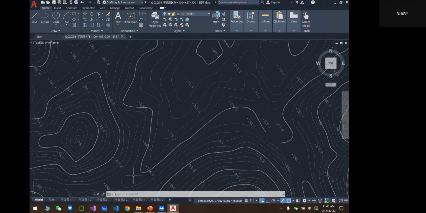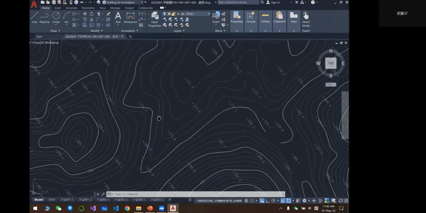So if there is a drop of water, the water will flow from the top to the bottom. And the shape of the contour line like this is a V, and the top of the V is towards the increasing direction. So that is a valley.